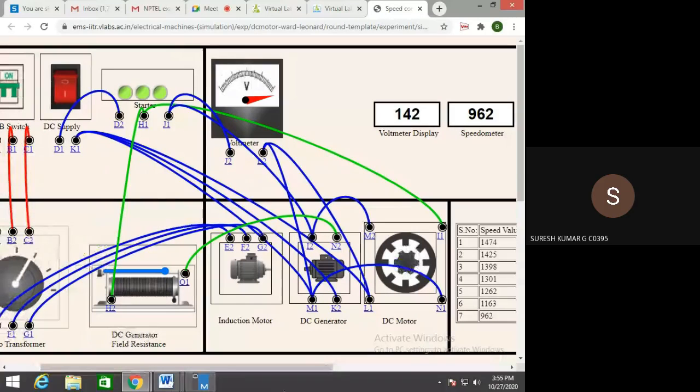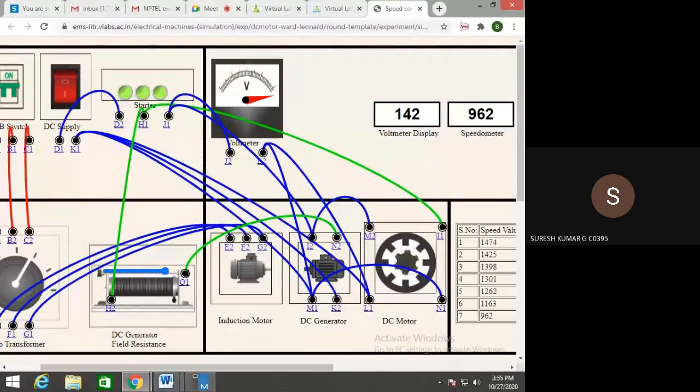So please make note of it. I have posted in your group. This is the correct diagram.